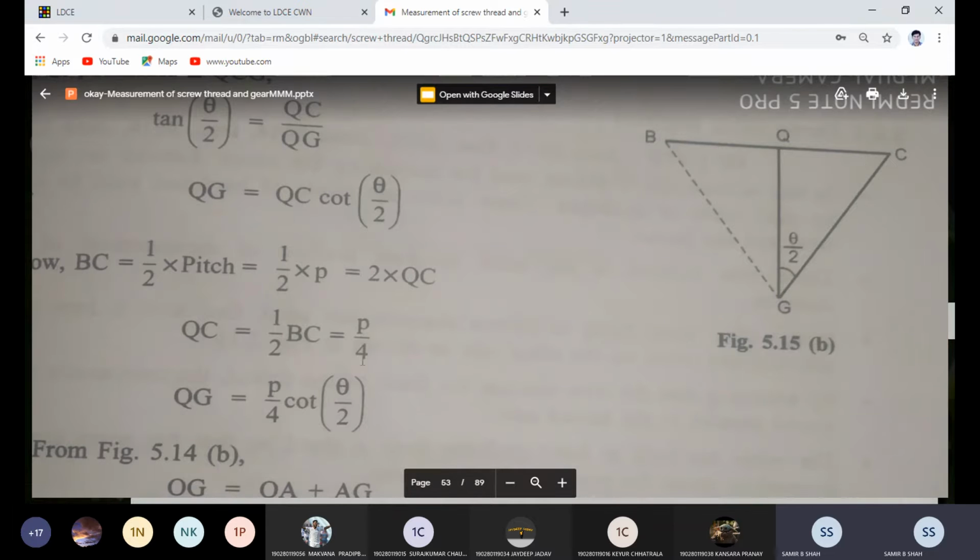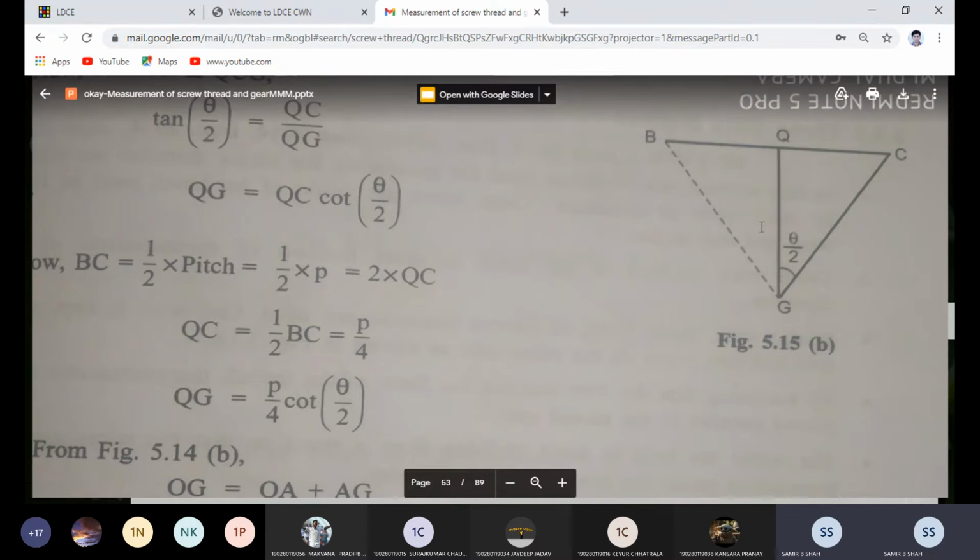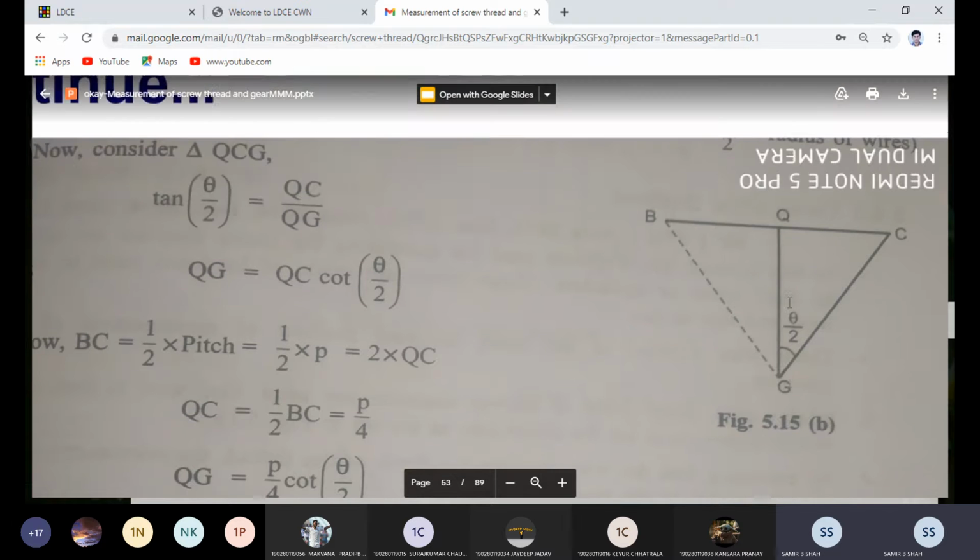Okay, now QG, in place of QC we put P by 4, so QG is P by 4 cot theta by 2. So that is the equation of QG. You just remember that, that is the equation of QG, and initially we found the equation of OG.